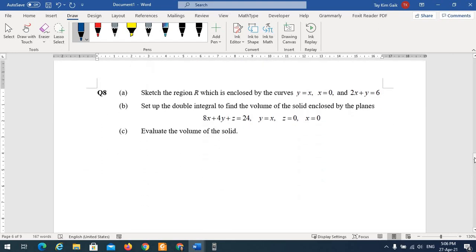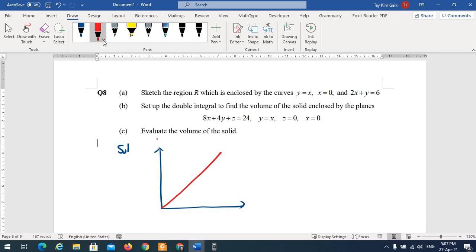Question 8. Sketch the region R which is enclosed by the curve y equal x, x equals 0, and 2x plus y equal 6. Y equal x. x equals 0 is the y-axis. This one, 2x plus y equals 6.